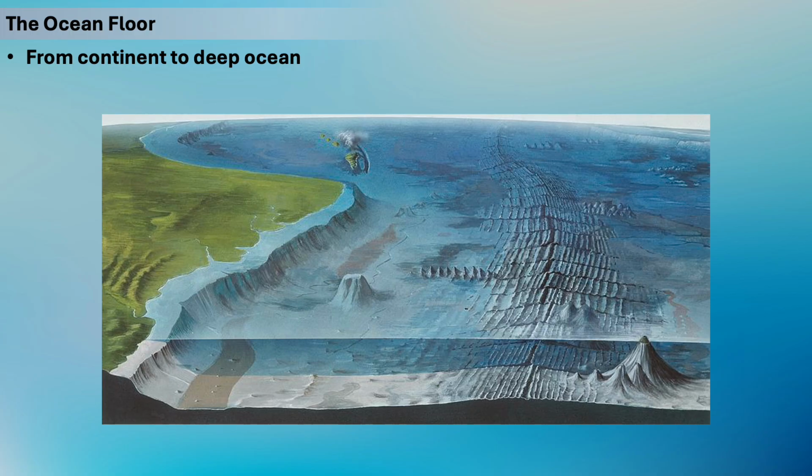This sequence is not accidental. It reflects systematic changes in crust type, crust thickness, sediment accumulation, and long-term Earth processes. As we move across the basin, we will examine each feature in order and discuss why it exists and how it fits into the overall shape of the ocean floor.